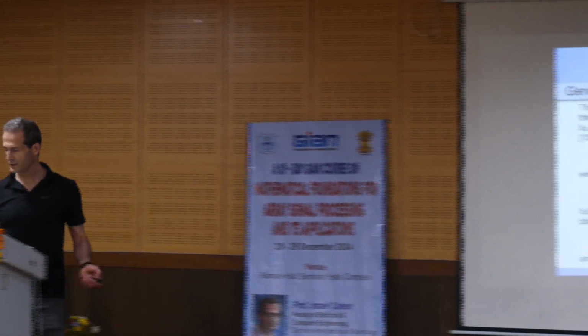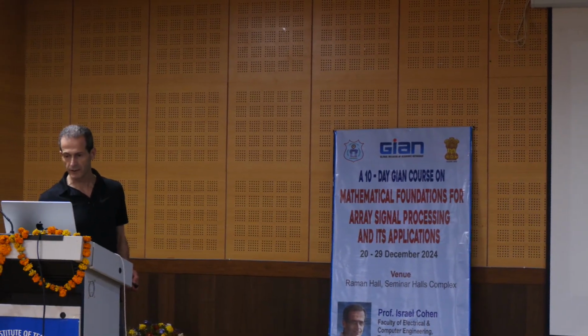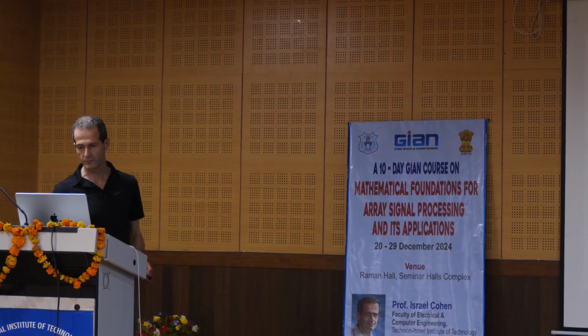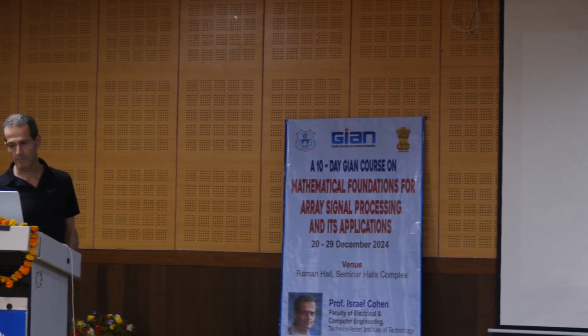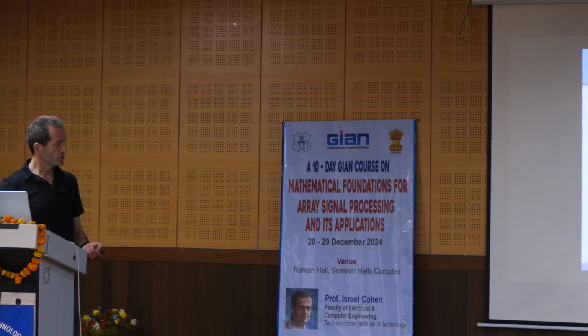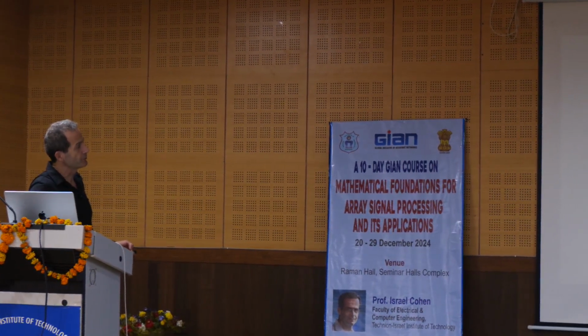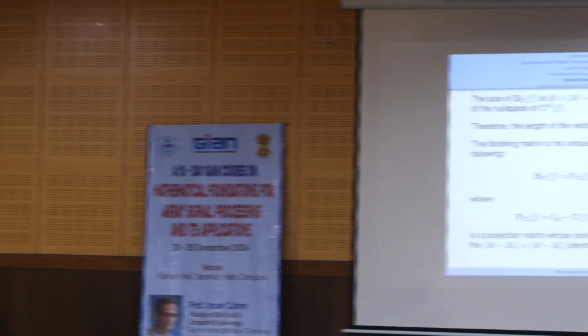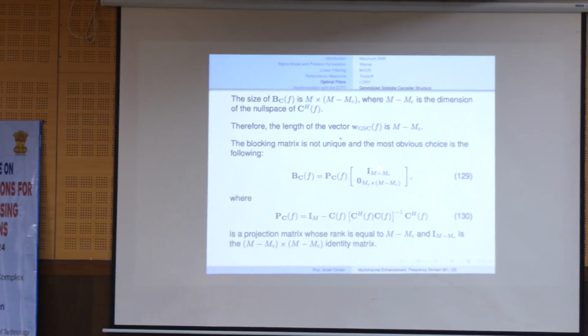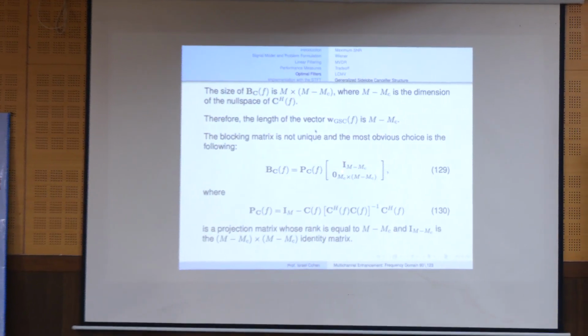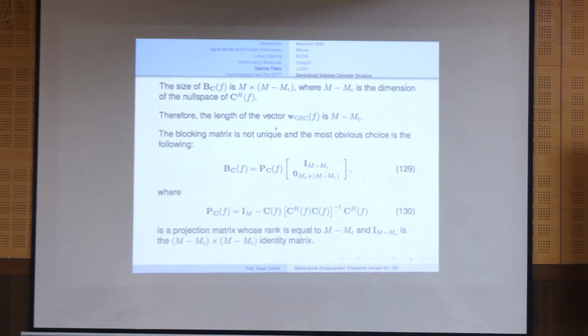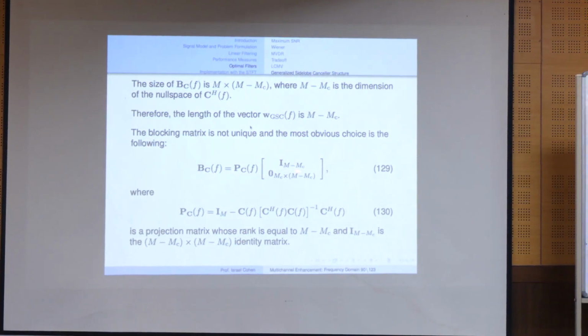What is the solution? The blocking matrix. Okay, it looks like that, just like we showed before. So the blocking matrix can be written as a matrix P, PC, and this matrix is an identity matrix of size M minus C by M minus C. This is the identity matrix.